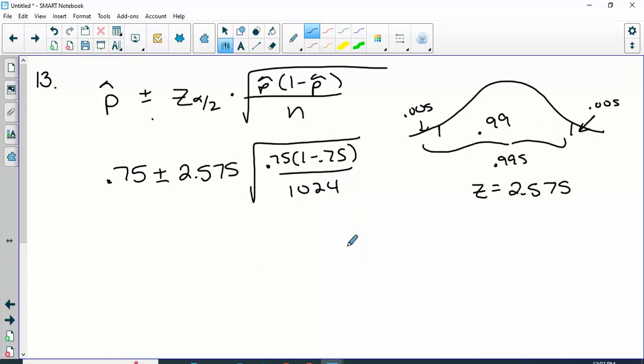So let's put it in our calculator. So our confidence interval, we're going to start with the smaller one, so you do 0.75 minus 2.575 times the square root.